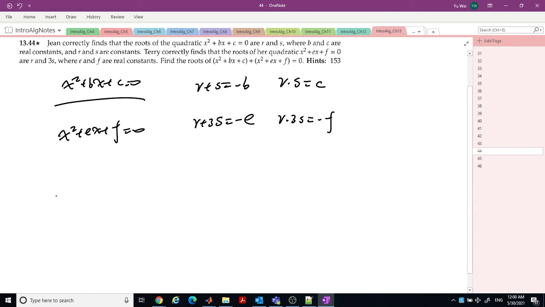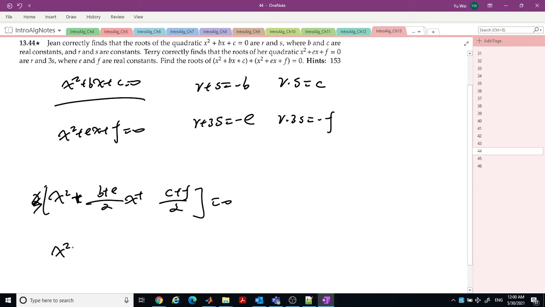We want to see the x, 2x squared plus (b plus e) over 2 x plus (c plus f) over 2, right, equals 0. So let's take out this 2.